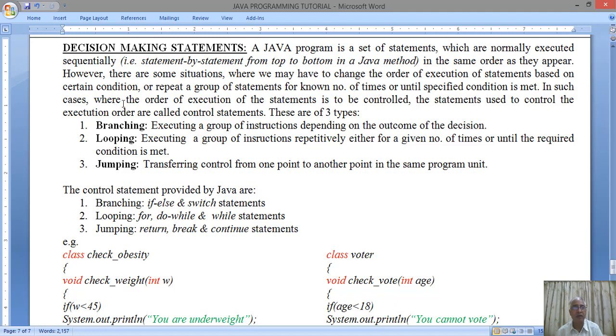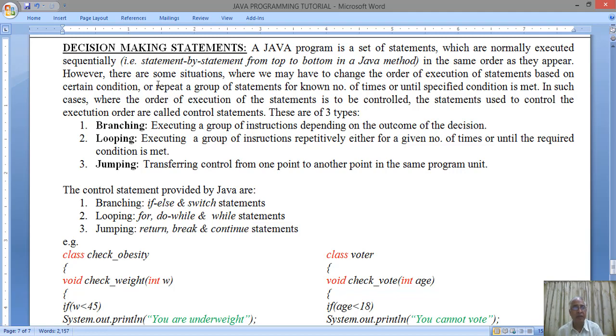In such cases where the order of execution of the statements is to be controlled, the statements used to control the execution order are called control statements. Suppose you have to repeat a statement for 10 times, 2 times, 3 times, or 30 times, then you have to use control statements.